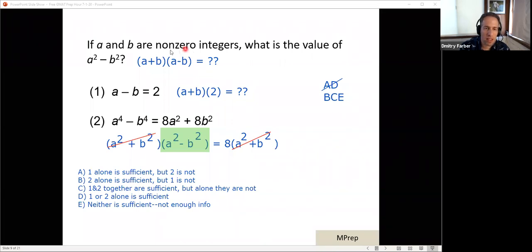They mention they're non-zero, which is important, not because I care if a itself is zero or b itself is zero, but I care if the sum is zero, right? And if they're both squared, neither of them is going to be negative, right? So that's not an issue. But I care if they were both zero because then the whole thing is zero, and that's another possibility I'd have to consider, and that can come up. But if I know they're not zero, then I know the sum isn't zero, and I can divide both sides by it. So now I just say, hey, a squared minus b squared is 8. That one's sufficient. Statement 2 sufficient. My answer is B.